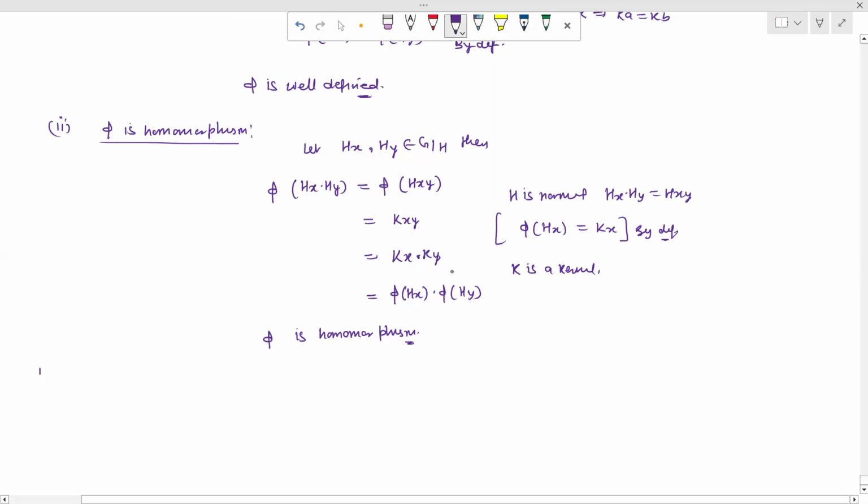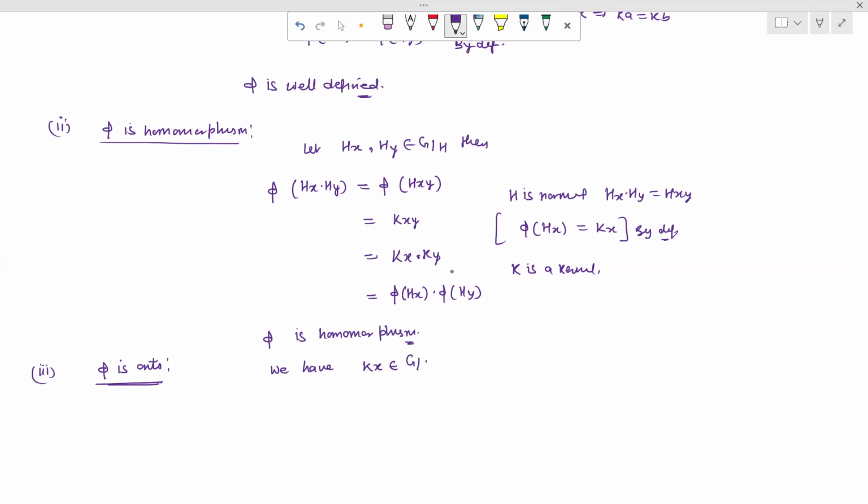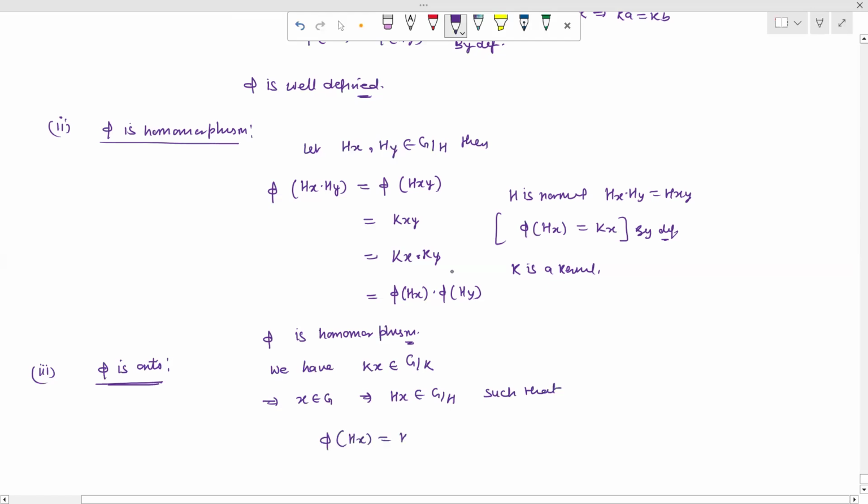Third, phi is onto. Again, we take an element of set B and prove that it has a preimage in set A. So we take an element Kx which belongs to G over K, which implies that x belongs to G. So that implies hx belongs to G over H, such that, because the function is defined as phi of hx is equal to Kx.